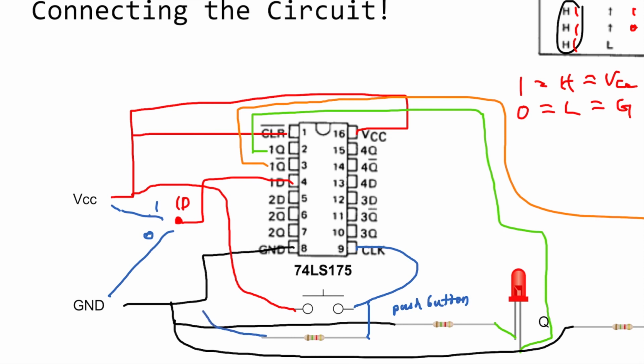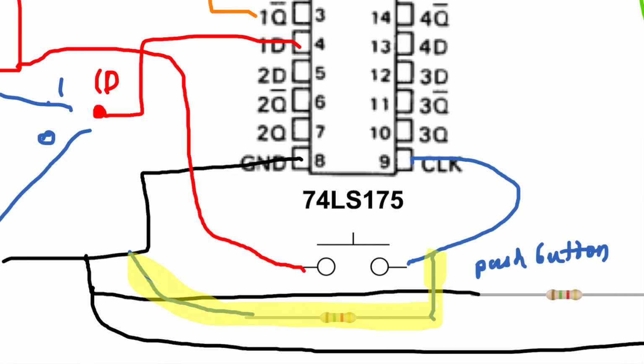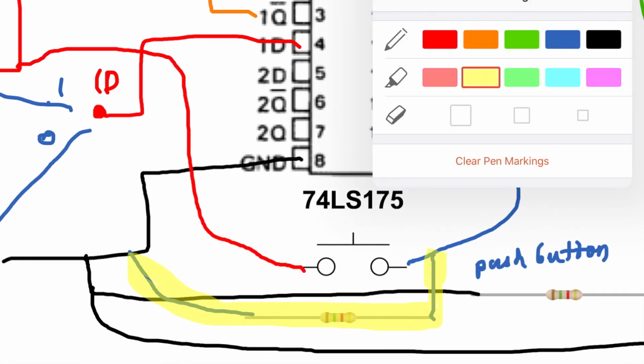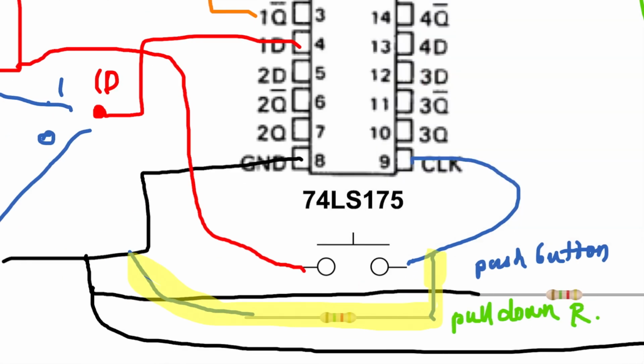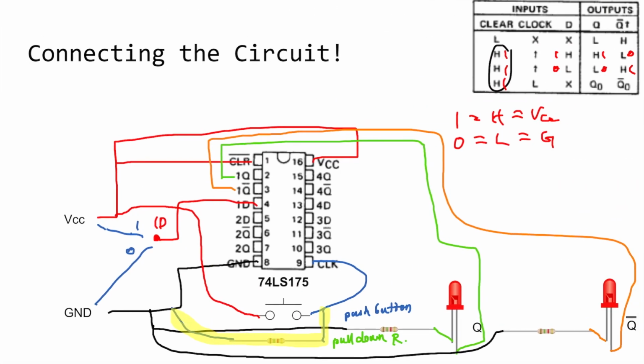And the resistor is going to be connected to ground. I will explain more about why we should connect this to the ground. This is actually called a pull-down resistor. I will explain more at the end of this video. Okay, so this should be our complete circuit.